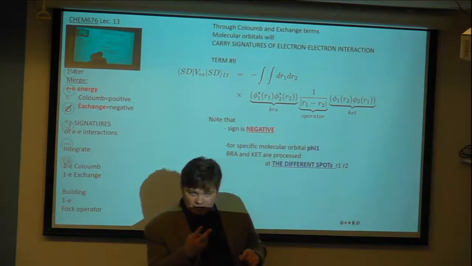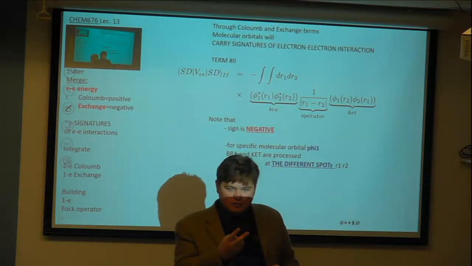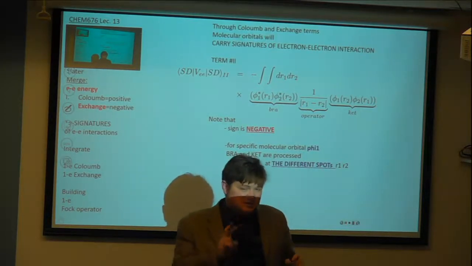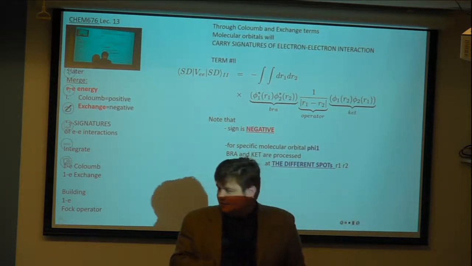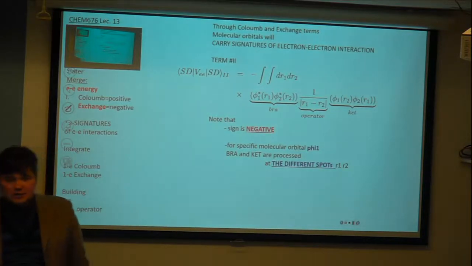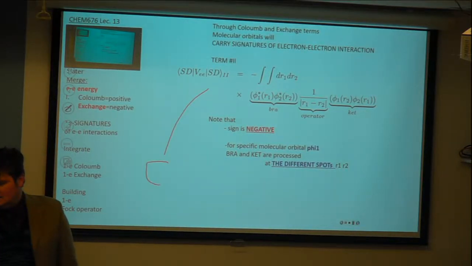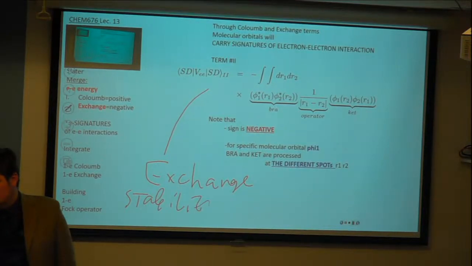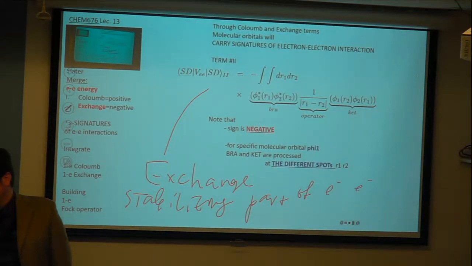So if you swap the order of orbitals, exchange them, the energy of Coulomb interaction becomes negative. And therefore, one calls it exchange. Exchange is a stabilizing part of electron-electron interaction.